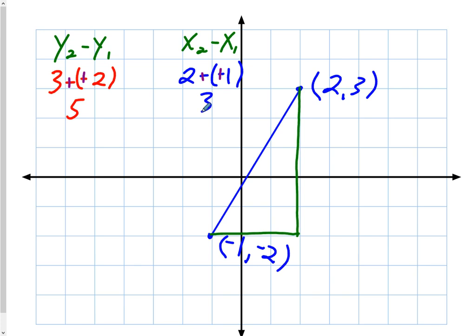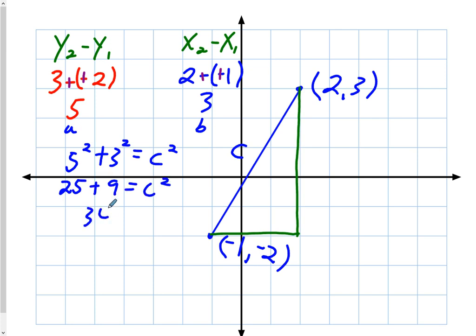Now this is going to become my A and B. Now from this point I do the same thing. 5 squared plus 3 squared is equal to C squared. We'll call it C. So now I have 25 plus 9 is equal to C squared. 34 is equal to C squared.